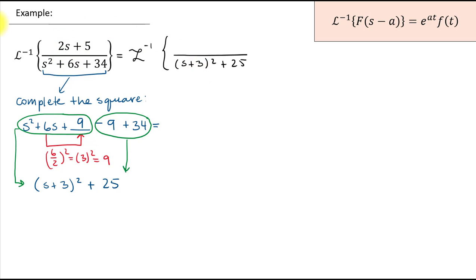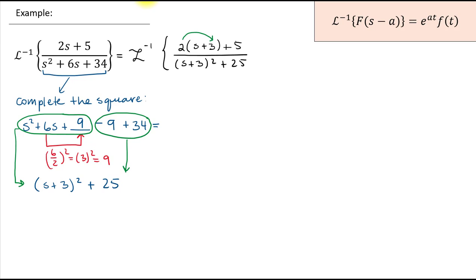So what I'm going to do, I'm going to write what I want to have. And that is s plus 3 in the numerator. And it's important to put 2 outside of the parentheses. And then I have plus 5. And now let's see how we have to fix this so overall my numerator is not really changed. So basically by putting plus 3 right next to s, I added another 6, because if I distribute 2, it's going to be plus 6.